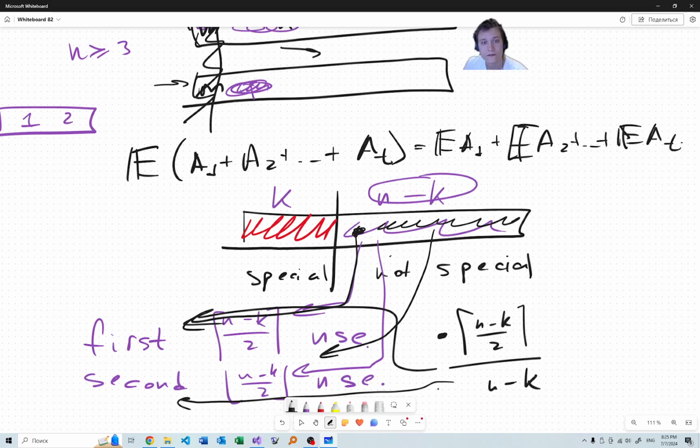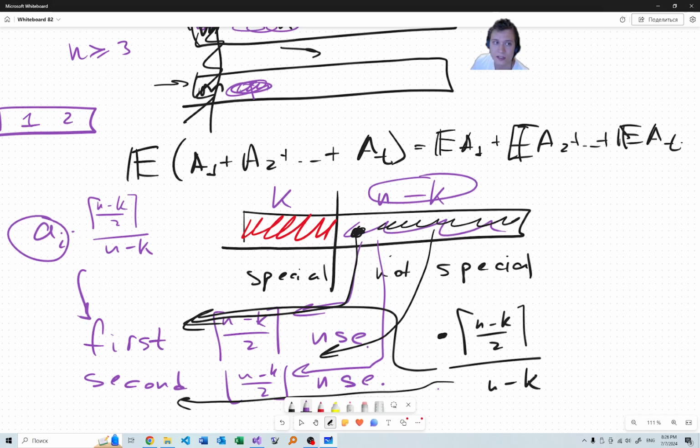Therefore, for each element, there is a mathematical expectation equal to AI times this probability. The mathematical expectation of its impact on the first player is 0 if it didn't get to this player, and it is AI if it got to this player. So on average, it is this number.